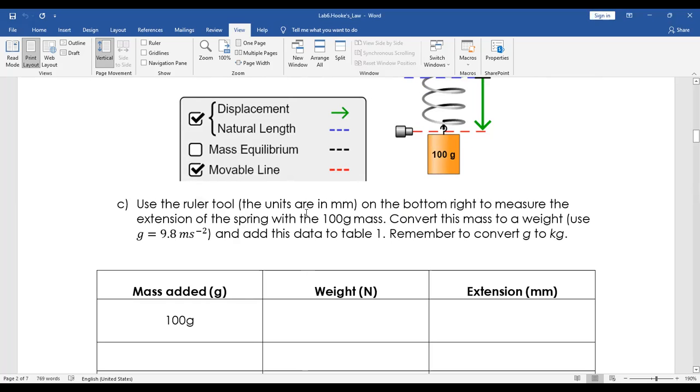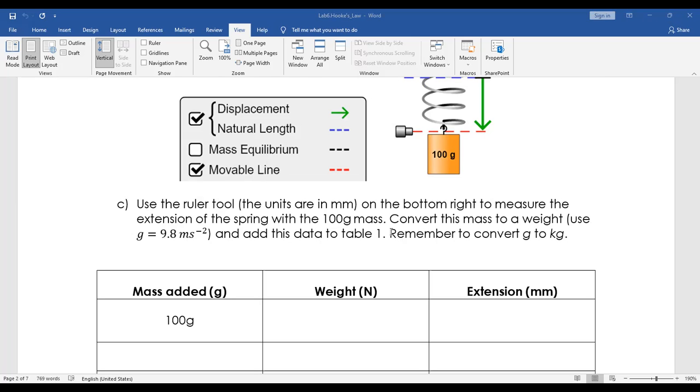Then use the ruler tool on the bottom right to measure the extension of the spring with the 100 gram mass. Convert this mass to weight. Use 9.8 meters per second squared and add this data to table 1. How to find the weight?